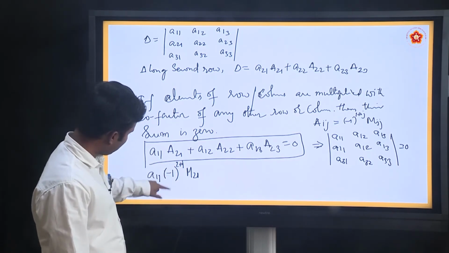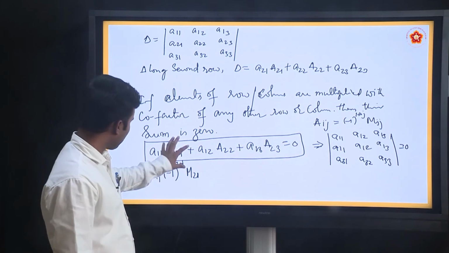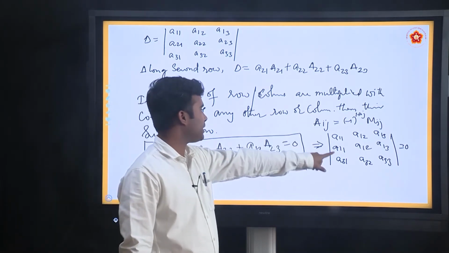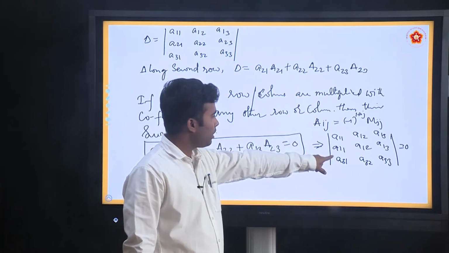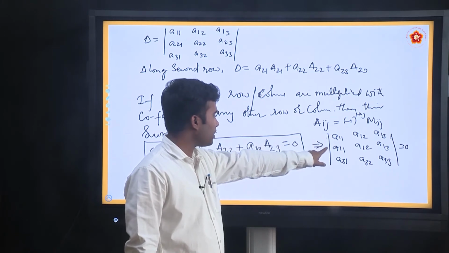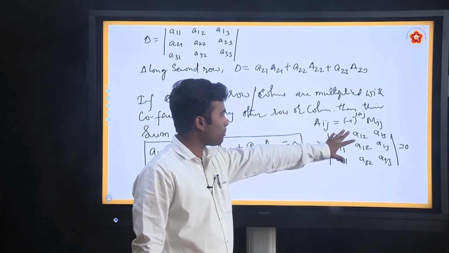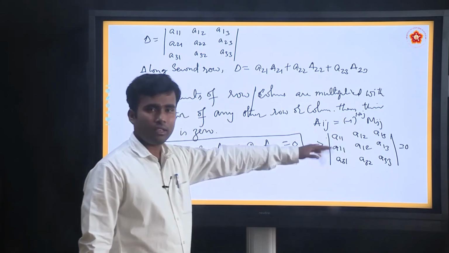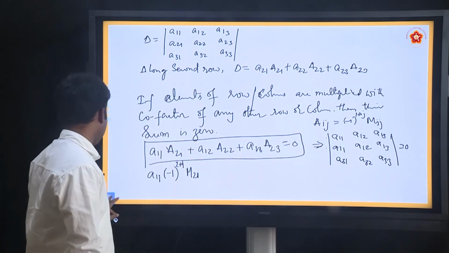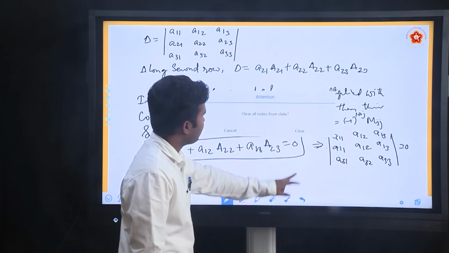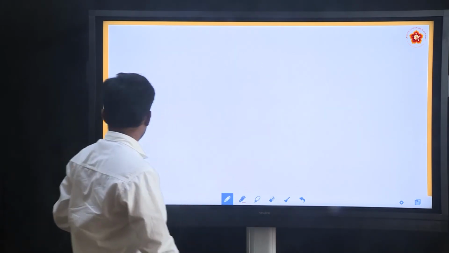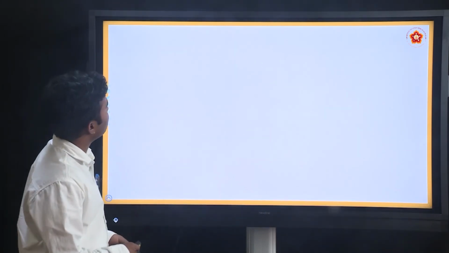If you go back, from this you can form a determinant, and the determinant will look exactly like this. Here R1 and R2 are identical, and by the property of determinants the value of the determinant vanishes, becomes 0, okay.